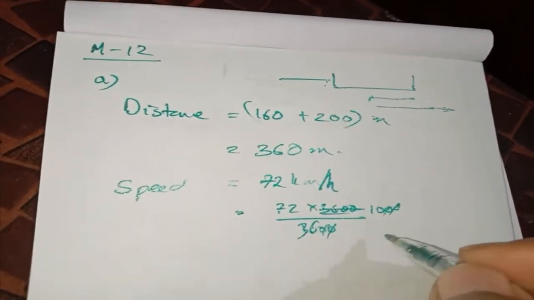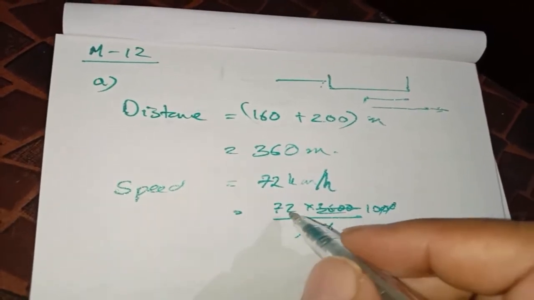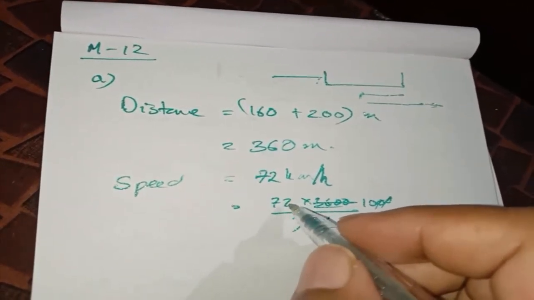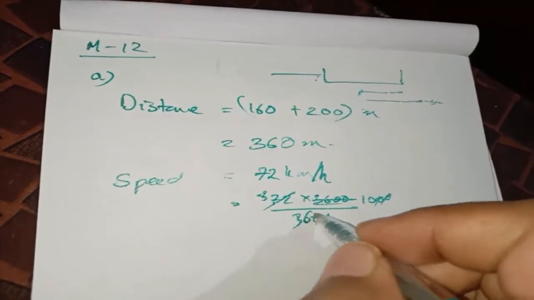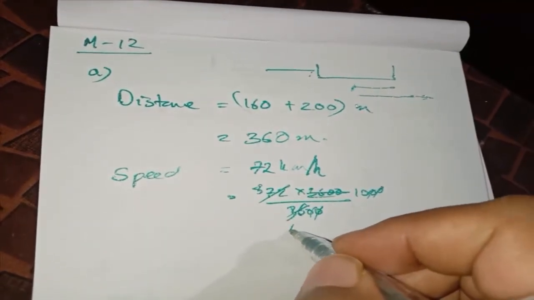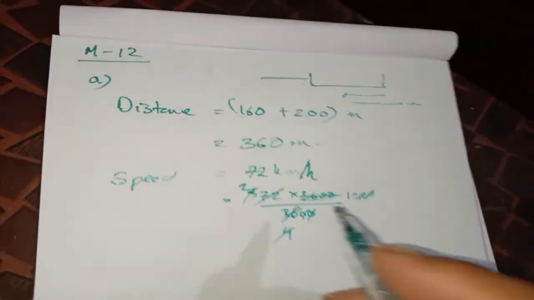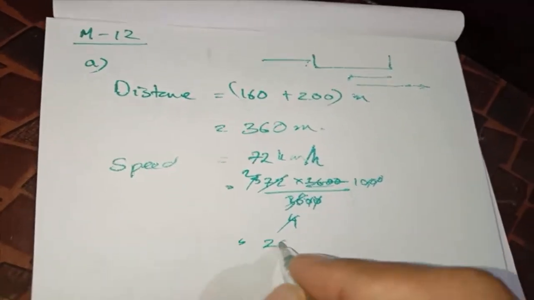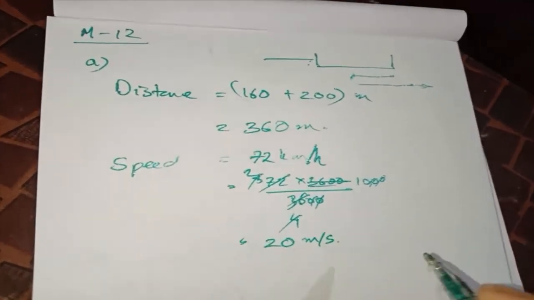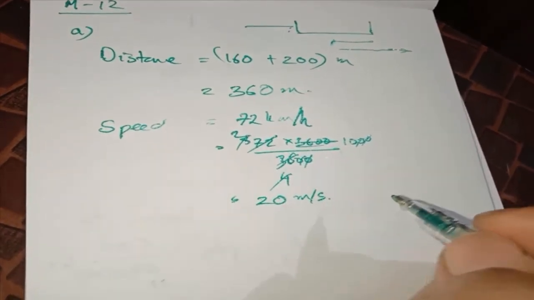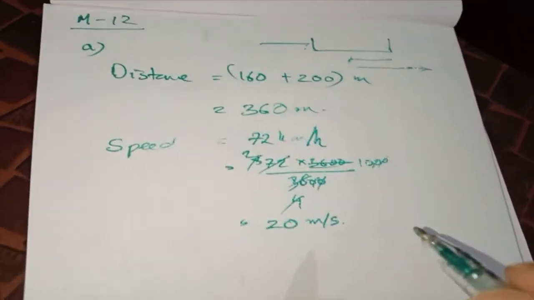So this 00 cancels out. 9 8s are 72, 9 4s are 36, so that means this will be 20 meters per second. Now we have to find out the time.